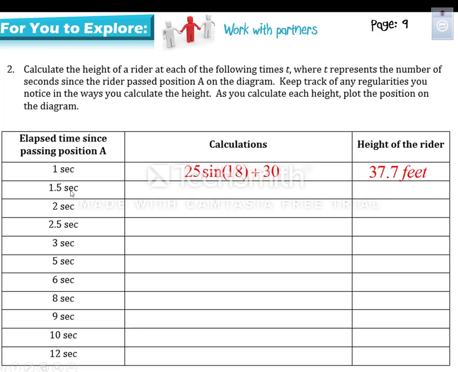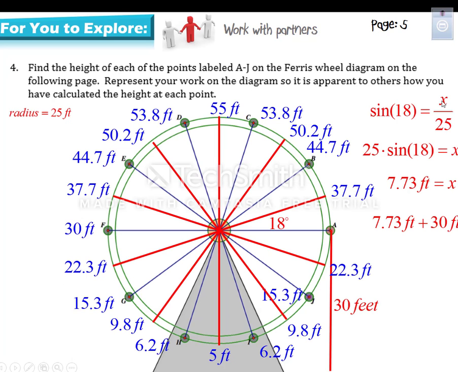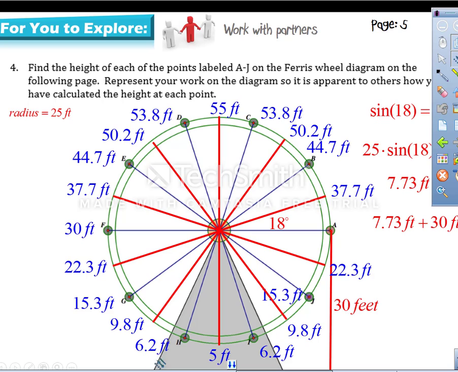And then for 1.5 seconds, do you guys remember that formula that we used? So that formula, we had 18 times 1.5. So I want you guys in your calculator to go 18 times 1.5. Now another way of thinking about it as well is that we could maybe look at this and say, all right, if this is 18 and that's 1 second, then that means that half of this would be a half a second, right?